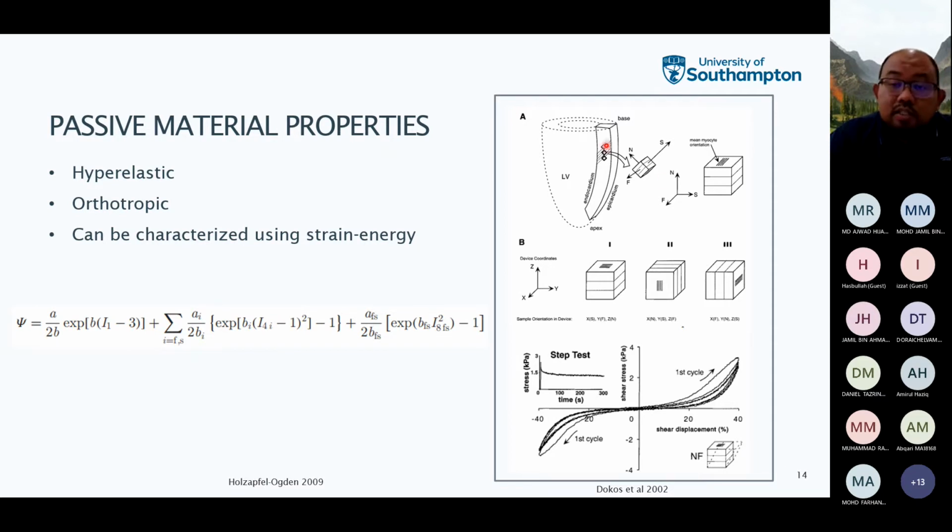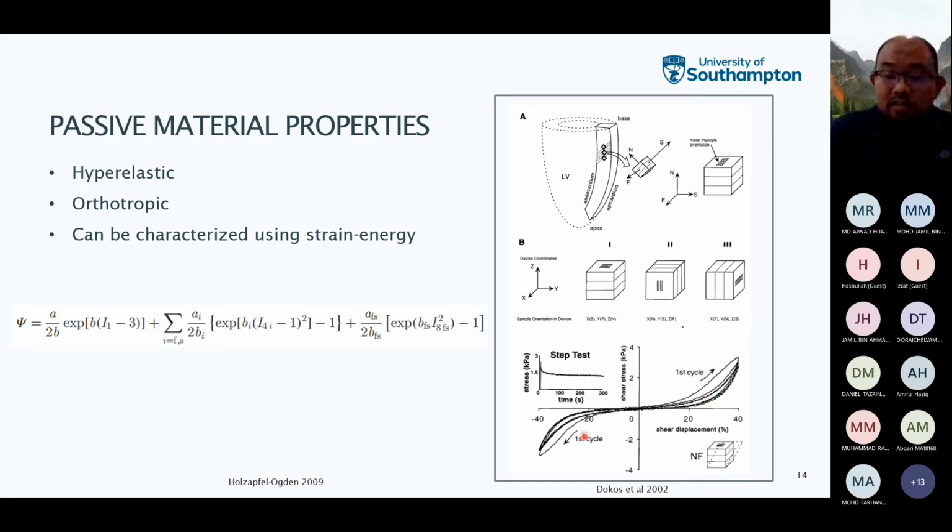They simply cut some portion of the heart into a cube, like what we have here, and loaded this cube in different orientations and applied a shear load. They put it on the UTM machine, your universal testing machine, and looked at the shear characteristic.